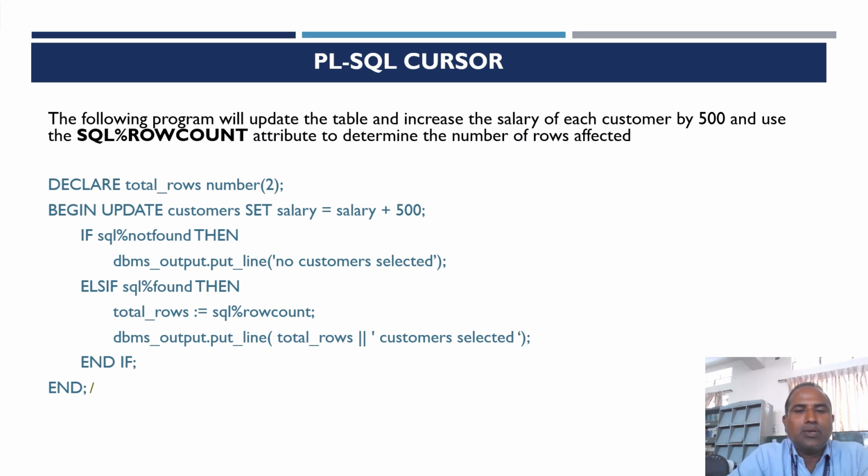How many rows were updated is returned using this SQL%ROWCOUNT. Then we display that many customers selected or updated. This is a simple example for a PL/SQL cursor.